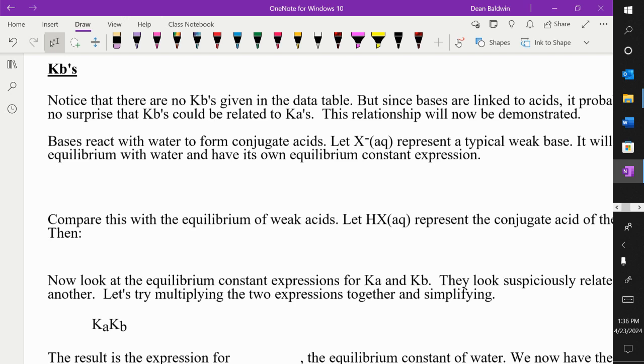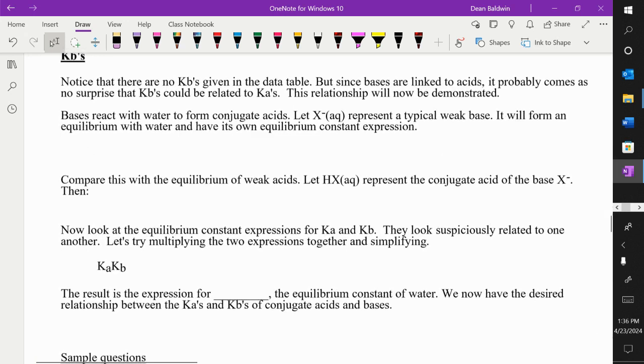Kb stands for the base equilibrium constant, essentially. So if we have the reaction of some base, doesn't matter, call it X, we react it with water. We're going to get HX and OH minus.